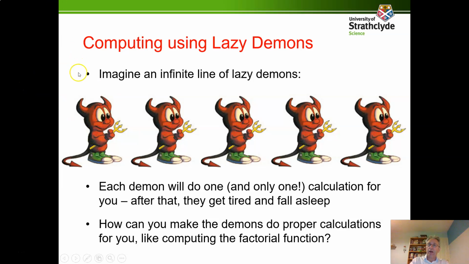So let's say I want these daemons to calculate the sum of some numbers for me. How could I do that? How could I get the daemons to calculate the factorial function for me, given that they'll only do one calculation? To compute the factorial of 5, I have to do 5 times 4 times 3 times 2 times 1. That's a lot of calculations, and these guys only do one.